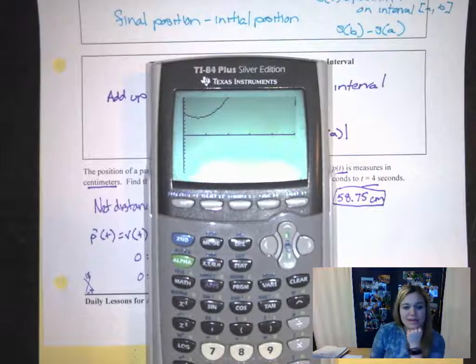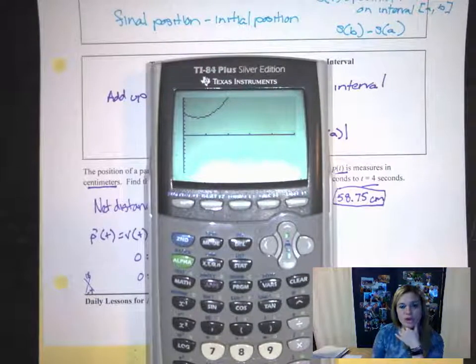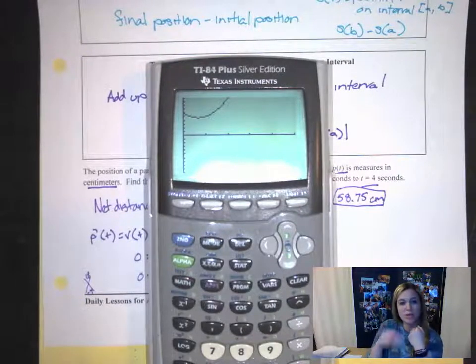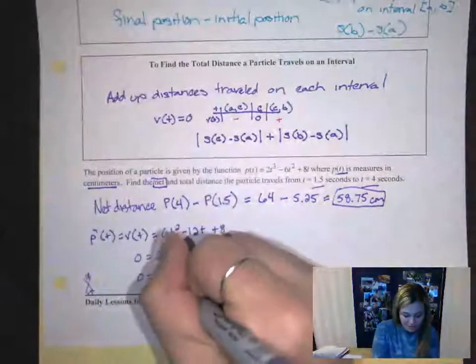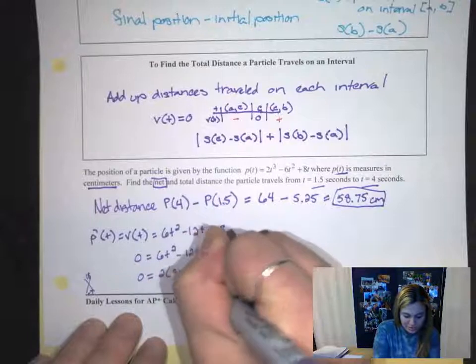I can see over that entire interval, so even if you would do the quadratic formula, there's going to be no place where I actually get a 0 for that function. This is a parabola and it's always above the x-axis, which means that velocity is always positive.